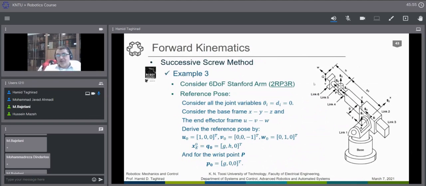Of course, in forward kinematics it is not important, but as we see in the next part of the chapter, in inverse kinematics, we usually divide the wrist from the arm to make the inverse map quite easier. We'll talk about that.